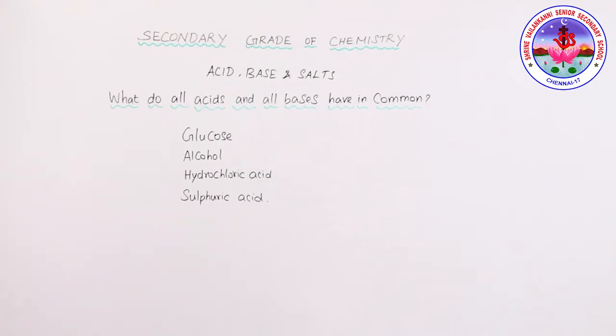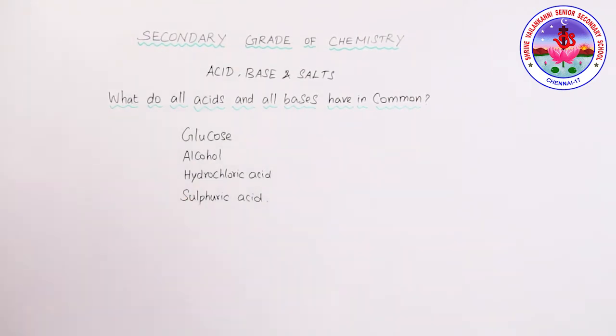You will observe that glucose and alcohol solutions do not conduct electricity, but hydrochloric acid and sulfuric acid, when you pour them in solution, make the bulb glow. Why?